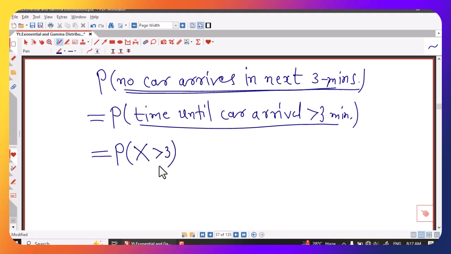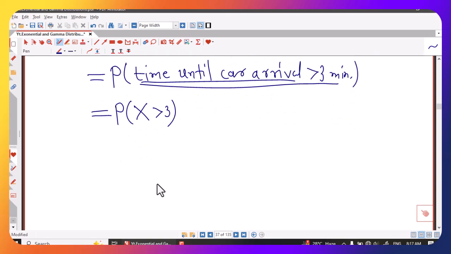Once we have written this, it is nothing but the probability that capital X is greater than 3, because the time until car arrival is our random variable capital X. This is equal to 1 minus the probability that capital X is less than or equal to 3.